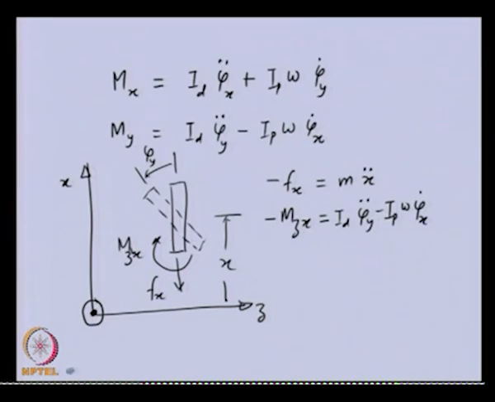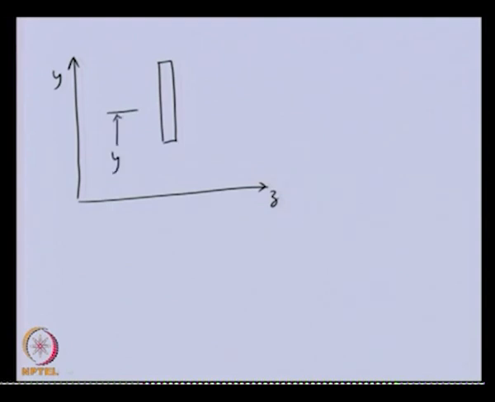On the same line, we can obtain the equation of motion in the zy plane. For this, let us consider the disc having this y displacement, and tilting in the positive x direction, that is phi x.